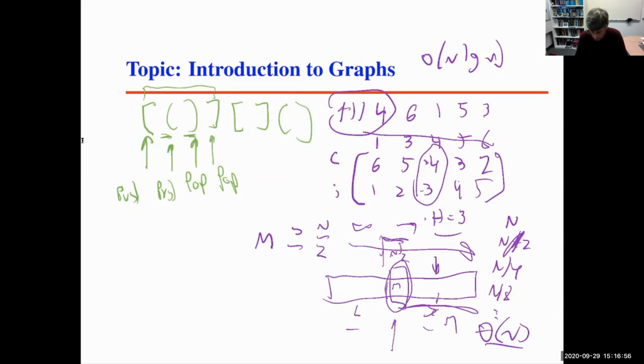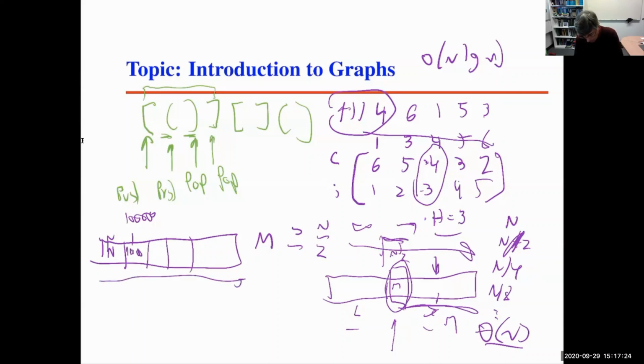So what do I want to do? I am going to go through all the papers, and if you have a citation count greater than n, I'm going to replace it by n. So if I have a paper with 1,000,000 citations, but I've only published 1,000 papers, I'm going to replace it by 1,000. Now I've got an array where all the numbers are between 1 and n.